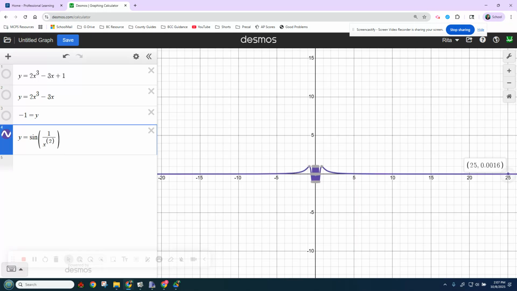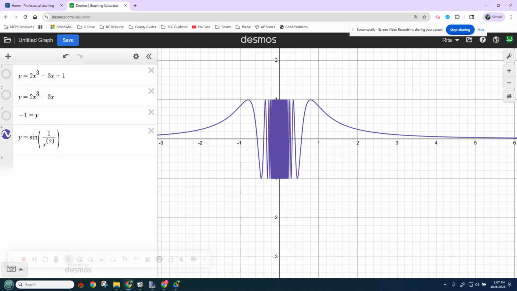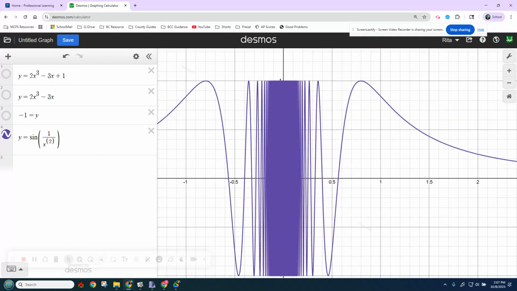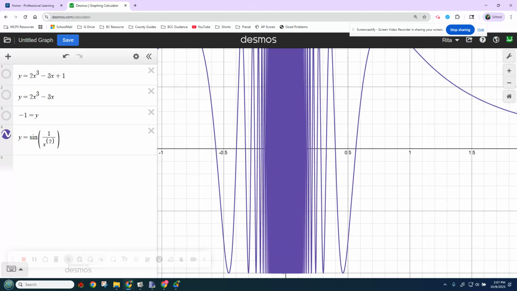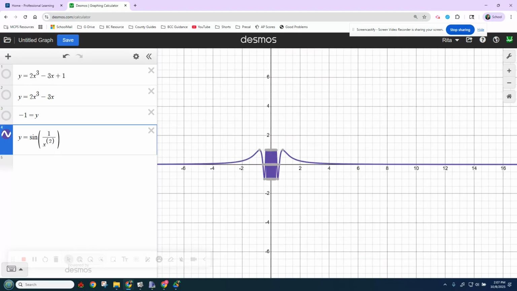So the end behavior, 0. But look, when it was young, it had its wild, crazy teenage years and crossed the asymptote all over the place, so much so that it's colored in. Touchy, touchy, touchy, all over. And then it settled down, bought a house, got a dog, and rode off into the sunset.